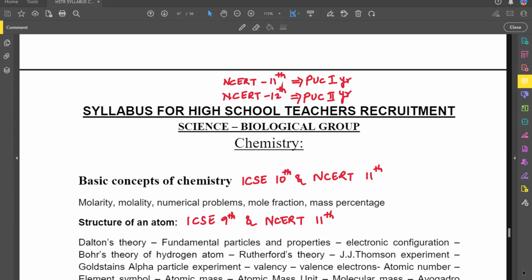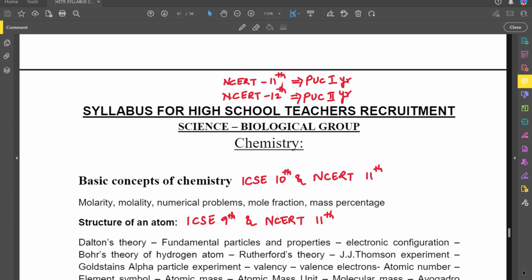Maybe they will add a few more things if they really want to, but there is no need of changing this syllabus, because it is very much satisfying the criteria for a high school teacher recruitment. I strongly believe that the syllabus is not going to change even for 2023 HSTR. But still, if it changes, it will be only some 5 to 10% changes maximum.